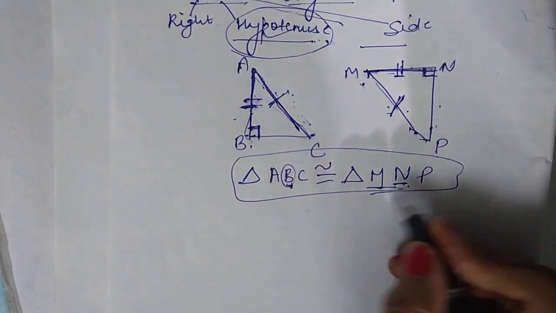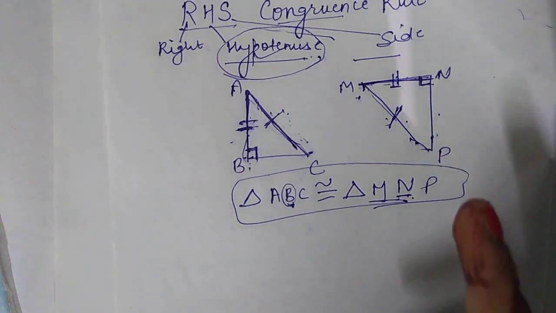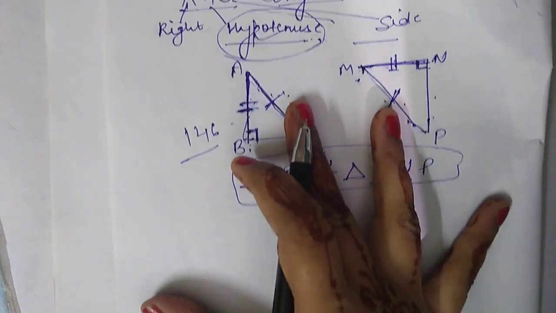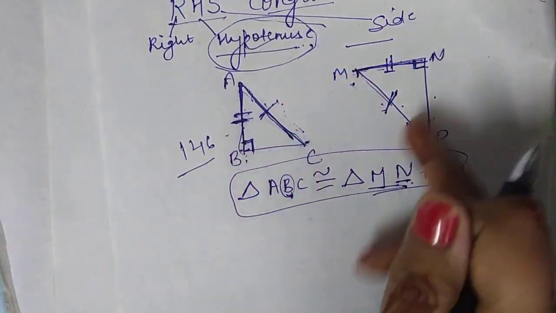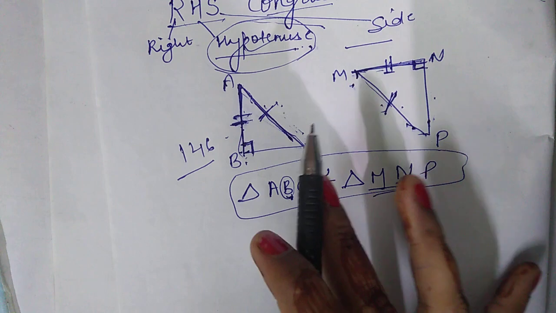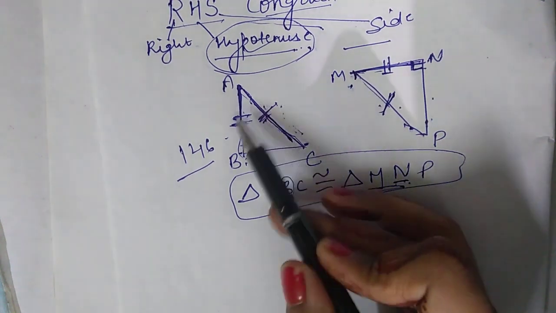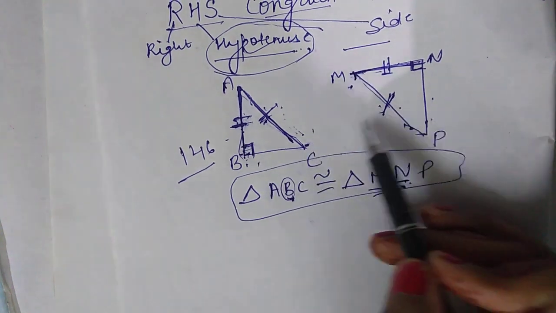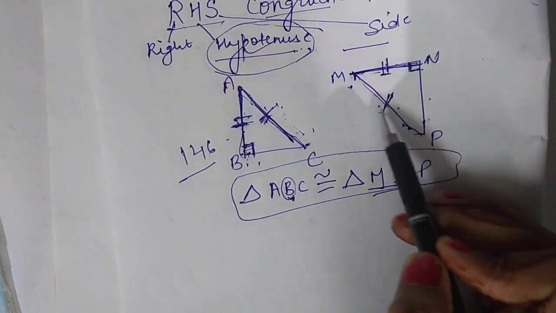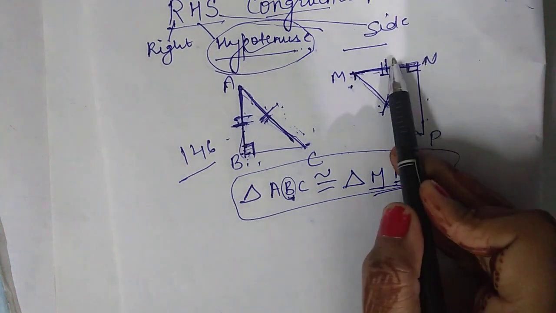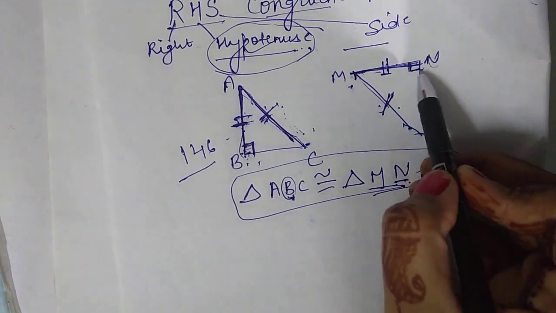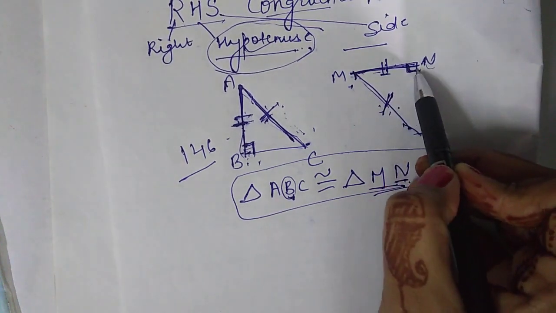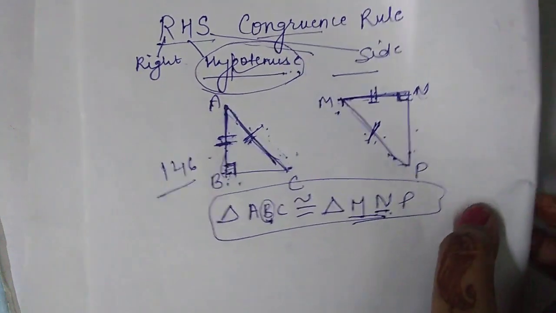This congruence rule is given on page number 146, and I am just explaining what it means. If under a correspondence the hypotenuse and one side of a right angled triangle are respectively equal to the hypotenuse and one side of another right angled triangle, then we can say the triangles are congruent.